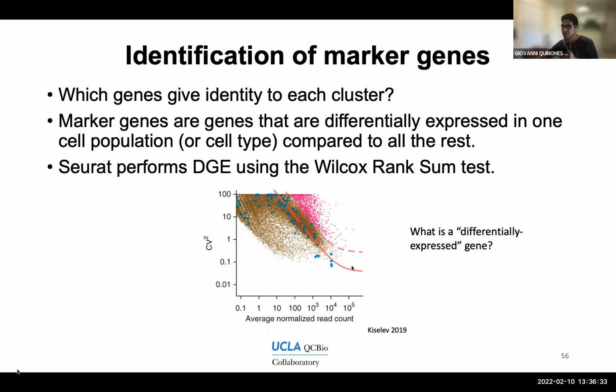But this plot is also showing you that even though they were able to model the relationship between variance and average with this trend line over here, clearly it does not cover all of the data points. It doesn't do justice to the real spread of the data that is present.